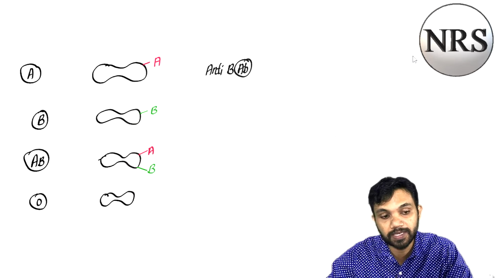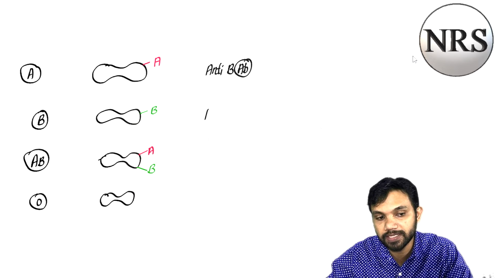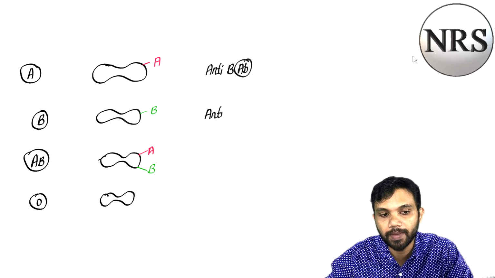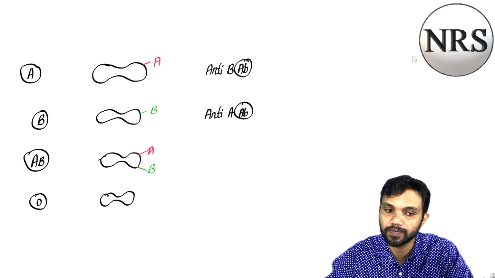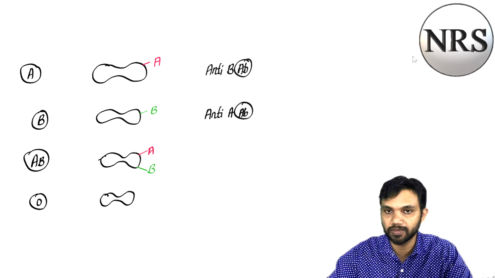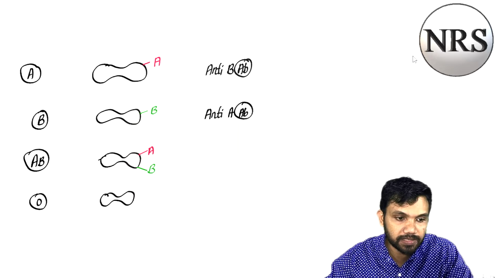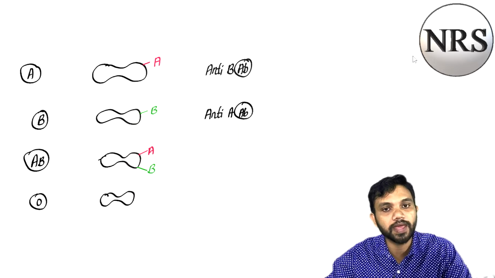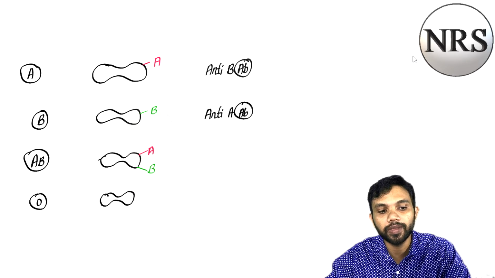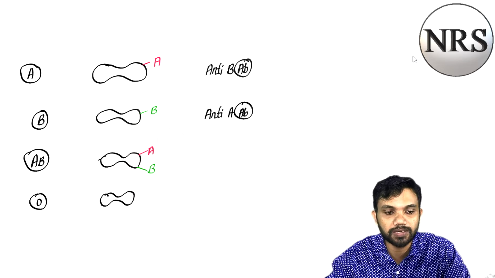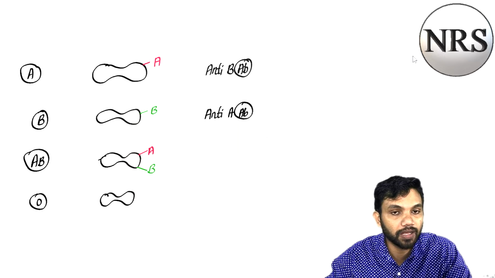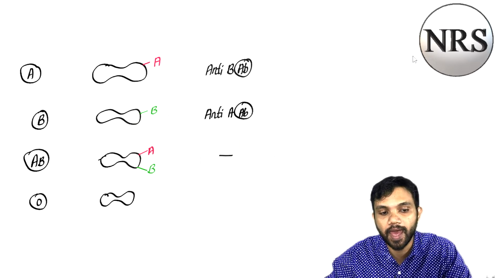If a person has B antigen, he will have anti-A antibody. If a person has both A and B antigens, he knows both, so there will not be any antibodies.